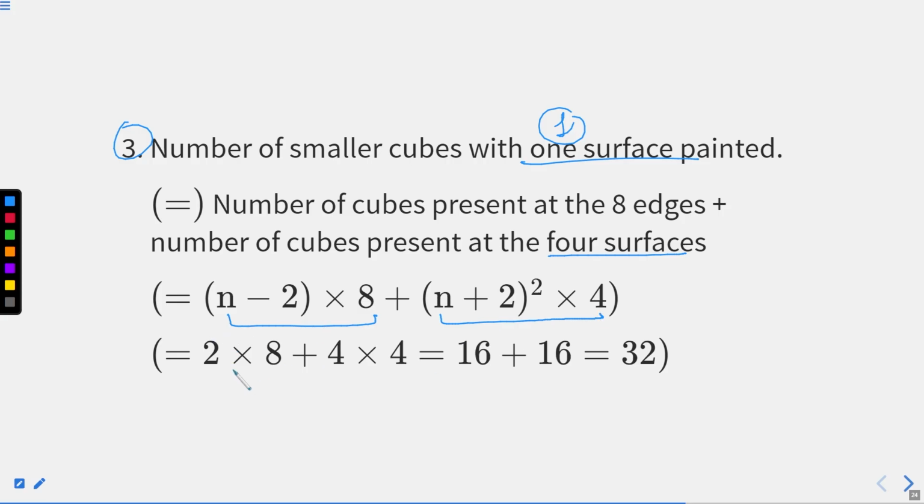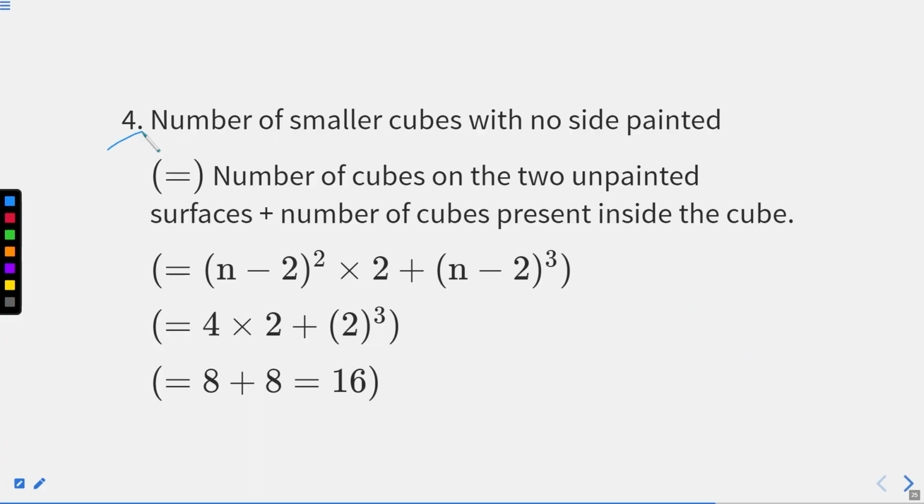So it comes out to be 4 minus 2, which is 2, multiplied by 8. Here it is minus 2 again, not plus, so make this correction. 4 minus 2 is 2, 2 squared is 4, 4 multiplied by 4. 16 plus 16 comes out to be 32. So 32 smaller cubes will be there with at least one side painted.